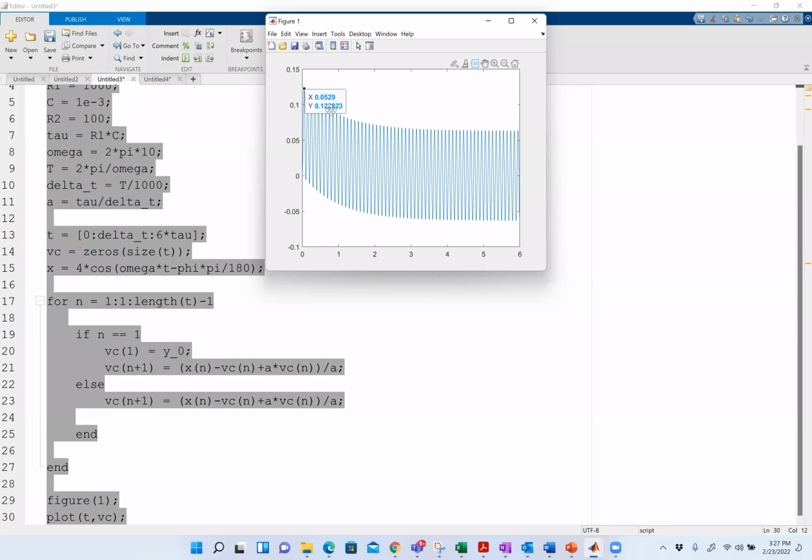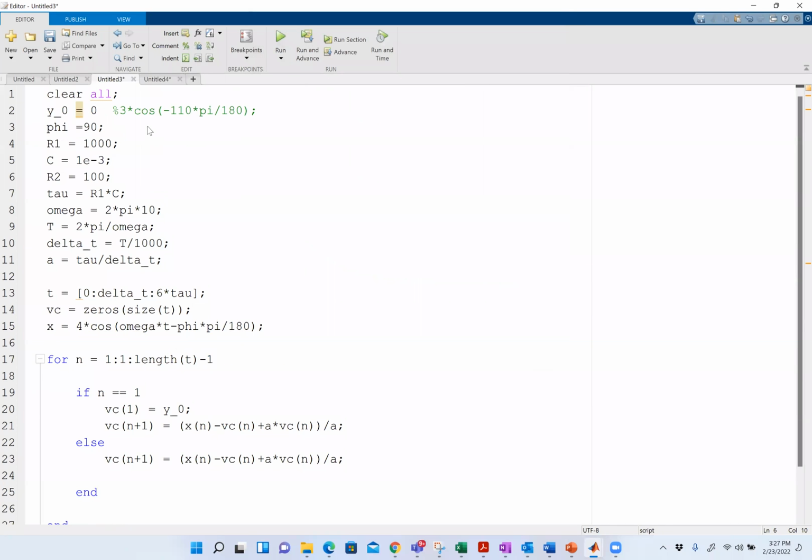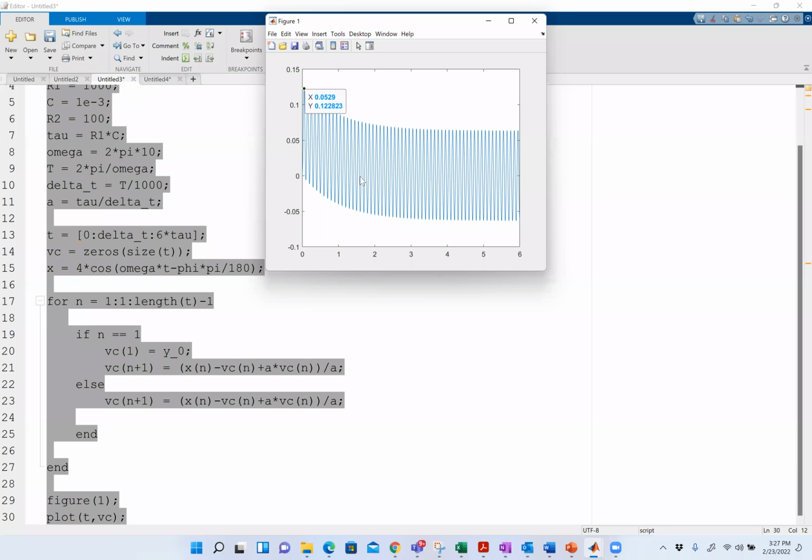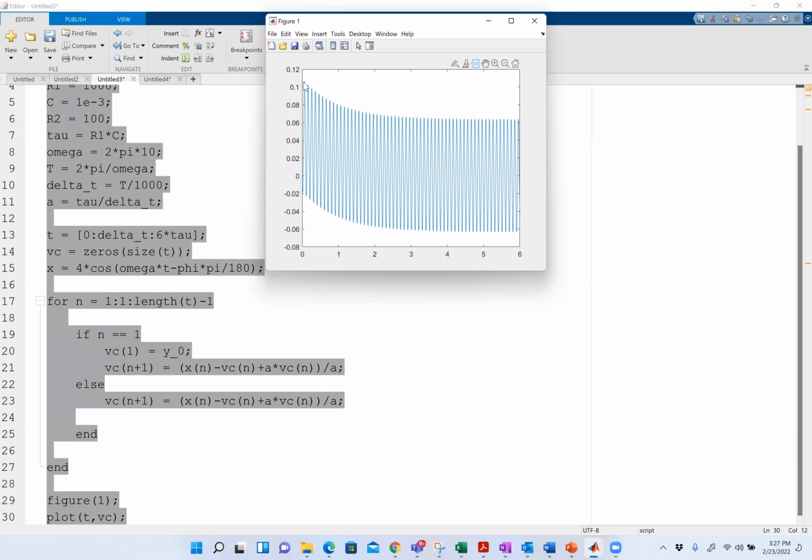So I can look at this one, 0.122. If I tried 135, it's actually a little bit lower, 0.105.